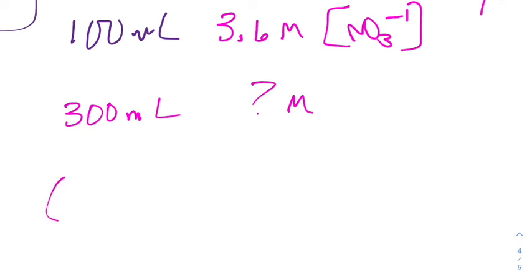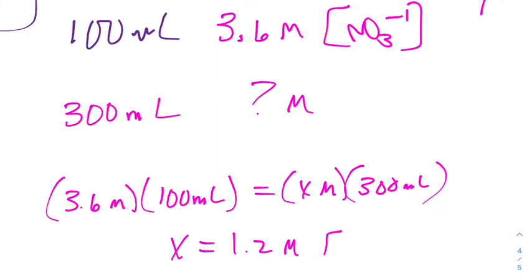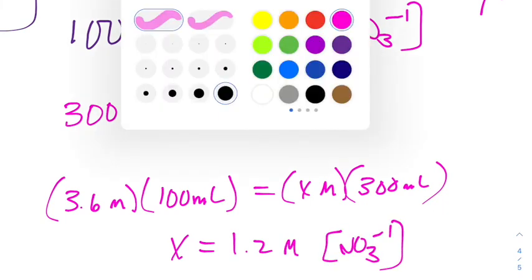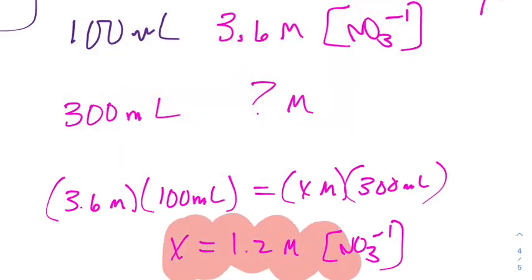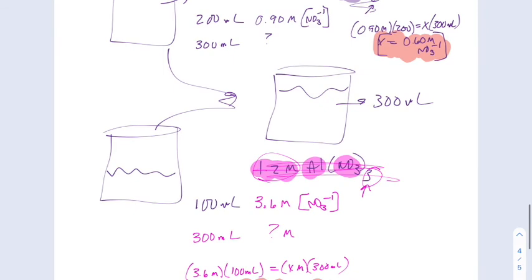So what I've got here is 3.6 molarity times 100 milliliters is equal to X molarity times the 300 milliliters, and I'm going to solve for that. So 3.6 times 100 divided by 300 is going to be 1.2 molarity of the nitrate here. So, final answer: two things are going on.